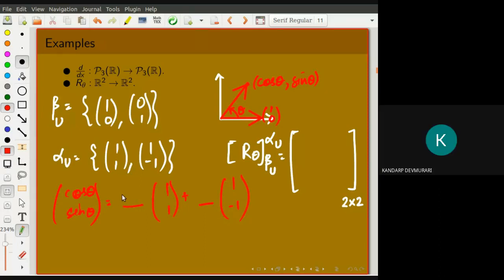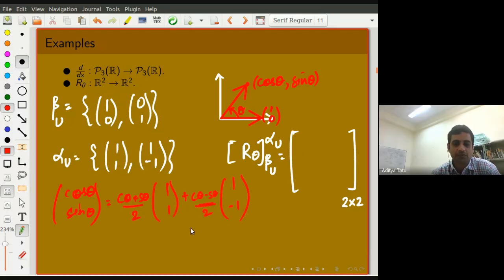Cos theta plus sin theta by 2. Good. And cos theta minus sin theta by 2. You can check if both of these equations are satisfied or not, right? So then what is the first column vector? Cos theta plus sin theta by 2, cos theta minus sin theta by 2.